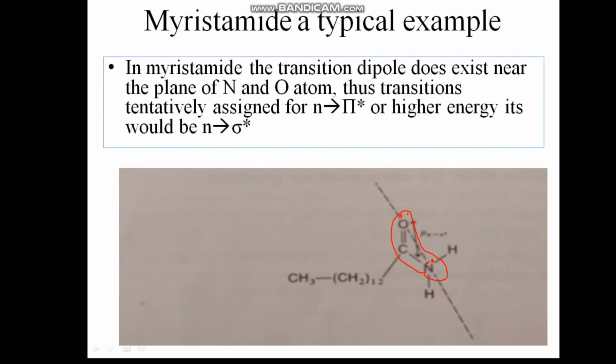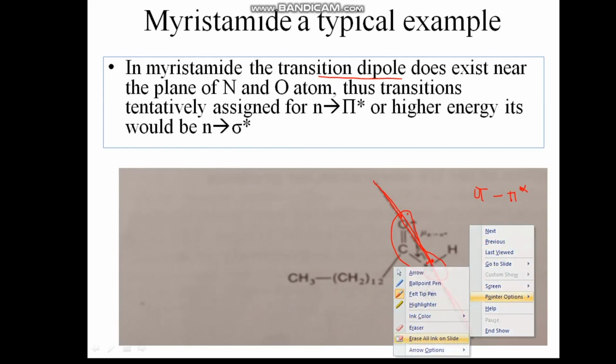So the movement of these electrons can be noted by the transition dipole, and this transition dipole lies in the plane bisecting or near this group, and that is why, rather than the expected pi to pi star transition, okay, the expected is pi to pi star transition because the electron has to be on nitrogen as well as on the oxygen. If they stay on the oxygen and nitrogen alone, you would expect a pi to pi star transition.